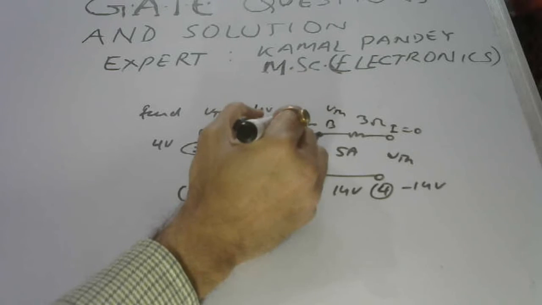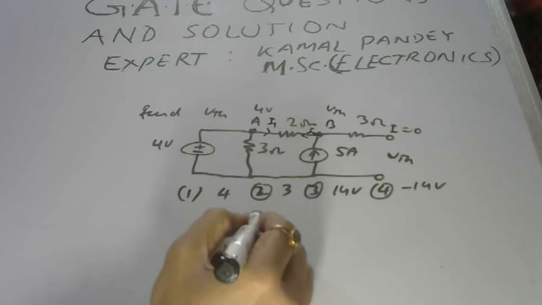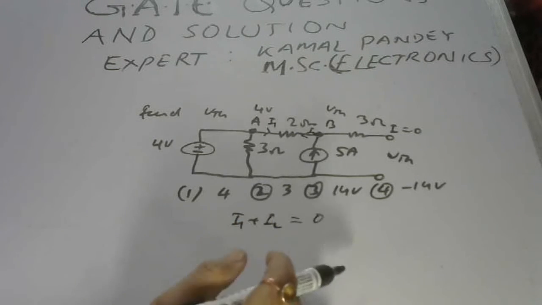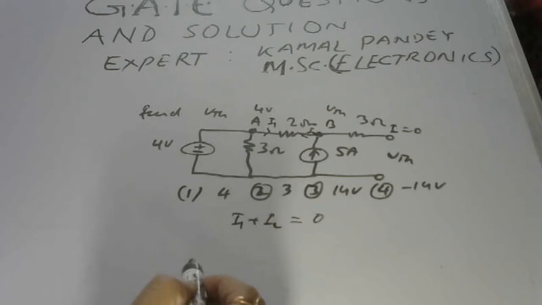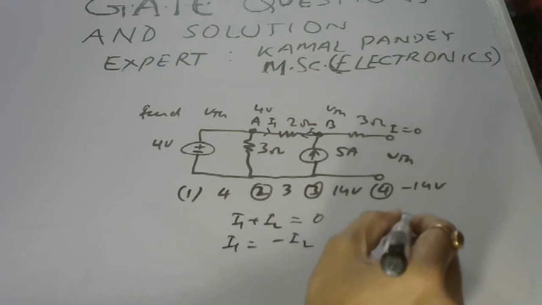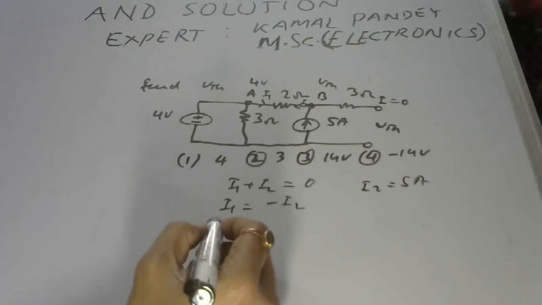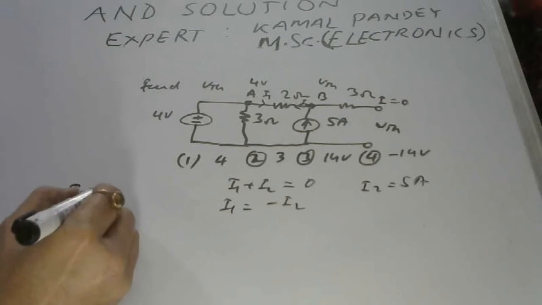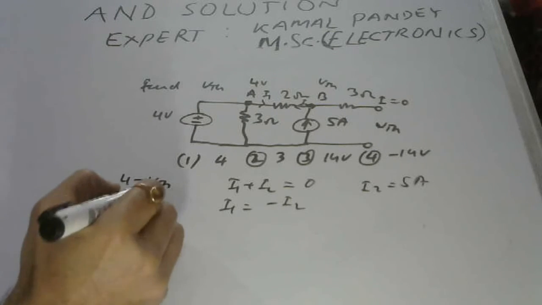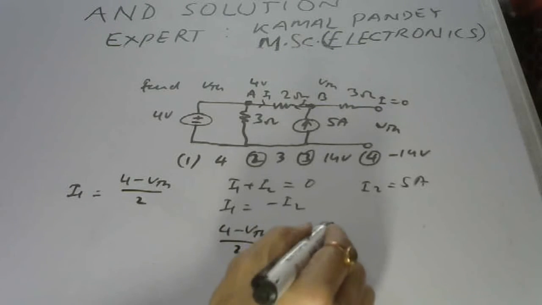So first we calculate. Let us take this current as I1 and this as I2. I1 plus I2, currents entering the junction, the algebraic sum is 0, so I1 is equal to minus I2. The value of I2 here is 5 ampere. I1 means (4 minus VTH) divided by 2, and that is equal to minus 5.